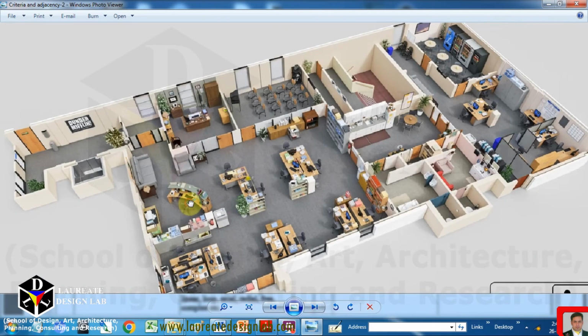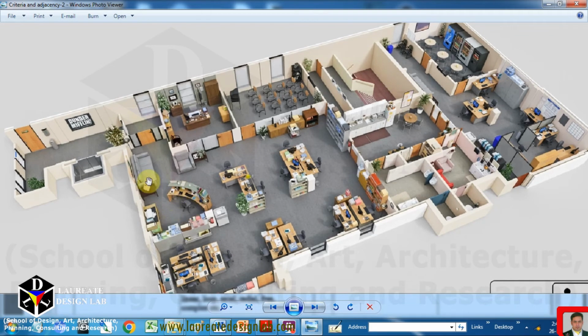So in this image you can see this is the reception and there's waiting area over here, and these are the work areas. So the waiting area cannot be away from the reception. These spaces are integrated. It should be at one spot only, and that too near the entry of the whole office, right? Likewise, we can talk about different things.